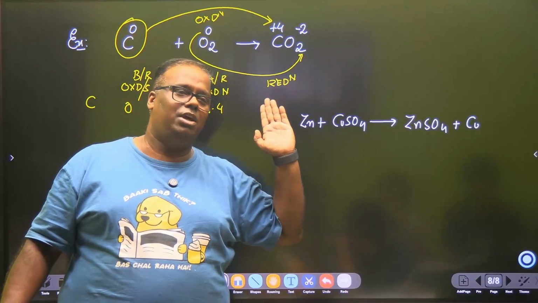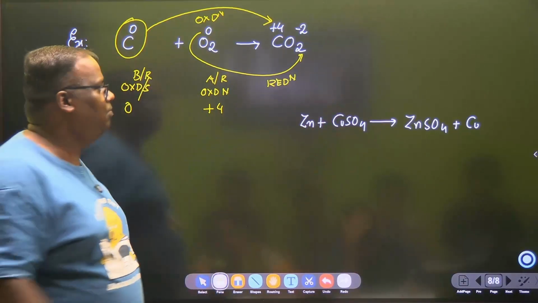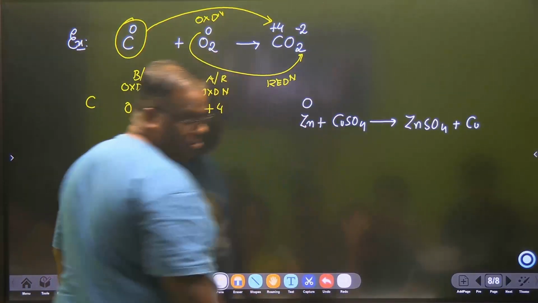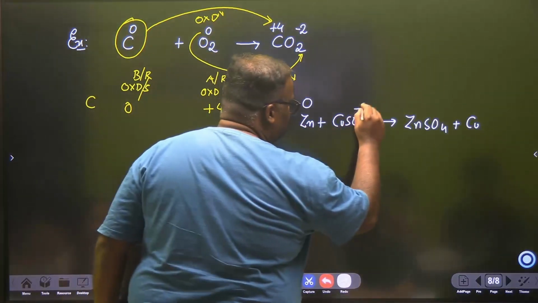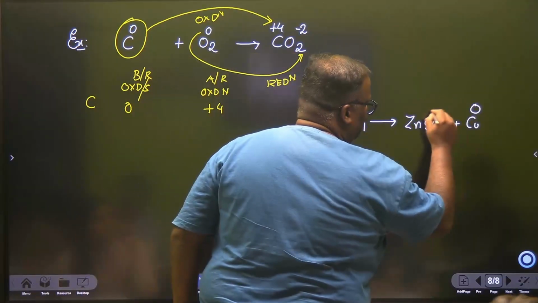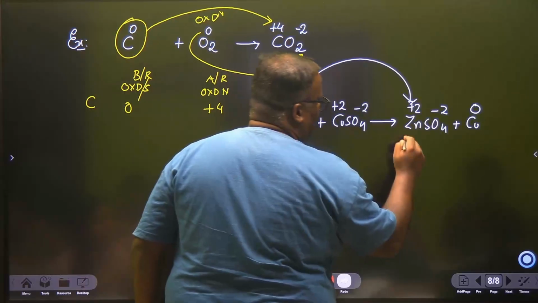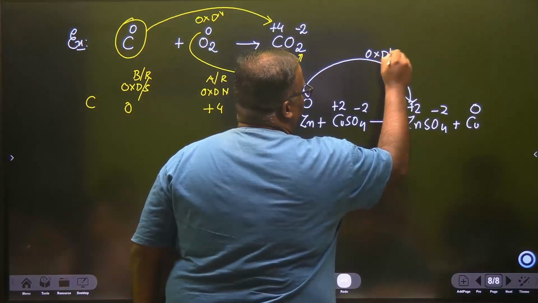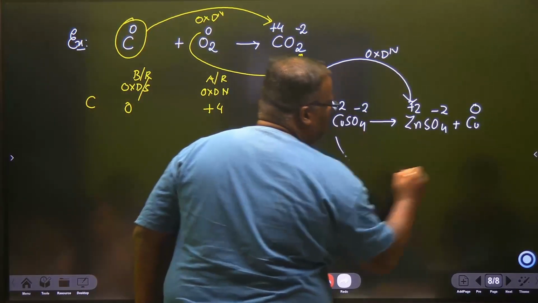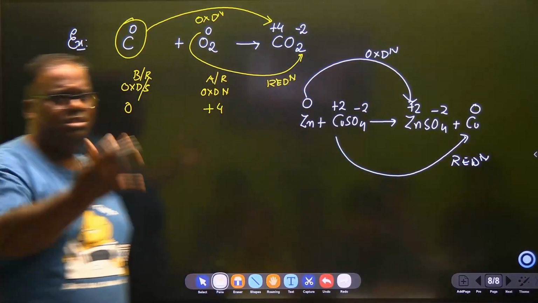So let's go by the AK-47 rules. Zinc is alone, 0. Sulfate is -2, so copper is +2. Copper is alone, 0. Sulfate -2, zinc is +2. 0 became +2, that means this is oxidation. And +2 became 0, reduction. How much time did it take? 6 seconds.